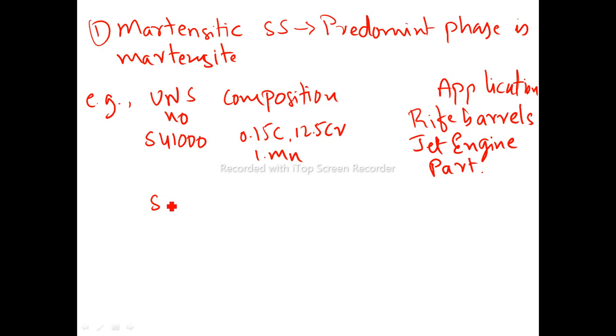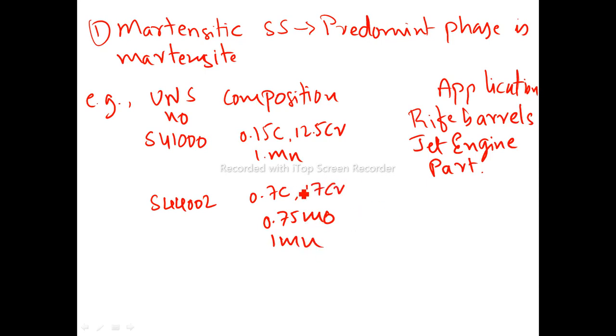And one more is S44002. The main composition is 0.7% of carbon and 17% of chromium, 0.75% of molybdenum, due to which the brittleness is increased and its hardness is also increased, and 1% of manganese.